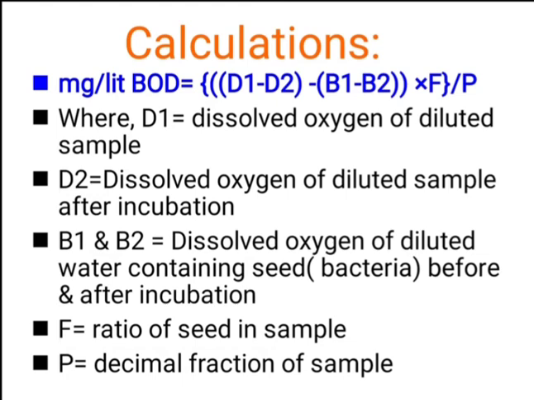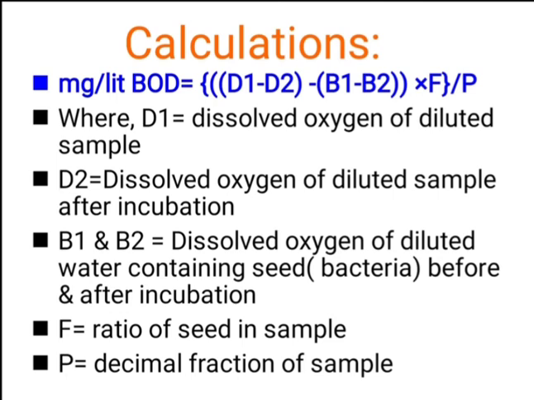So simply, D1 and D2 are the dissolved oxygens before incubation and after incubation. Then small B1 and B2 are the dissolved oxygens of the diluted water which contains the seed, that is the bacteria or microorganisms which we have added for decomposition of the compound or organic matter, before and after incubation.